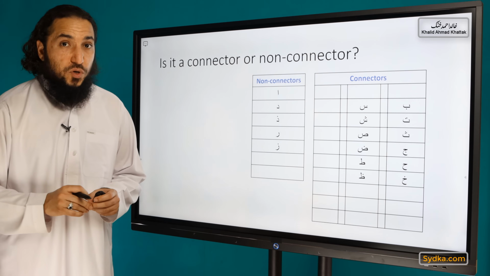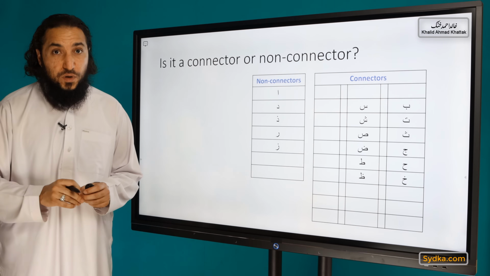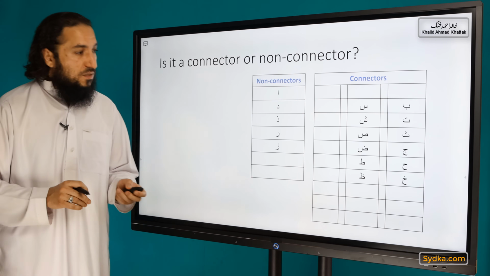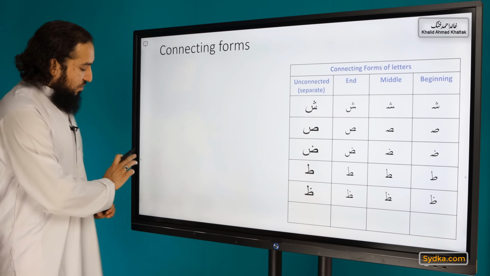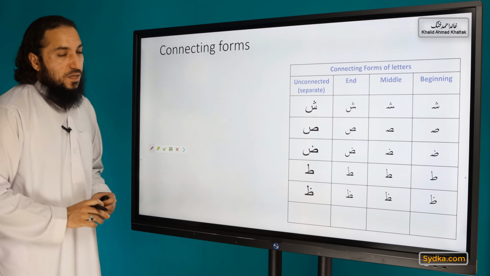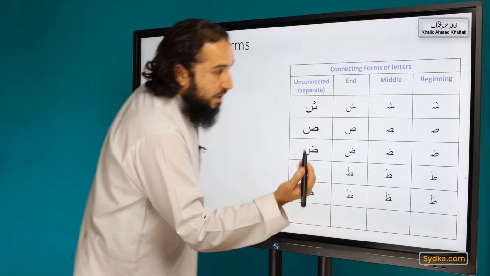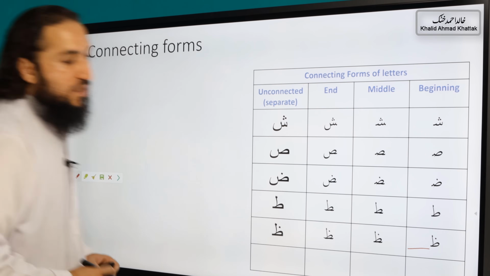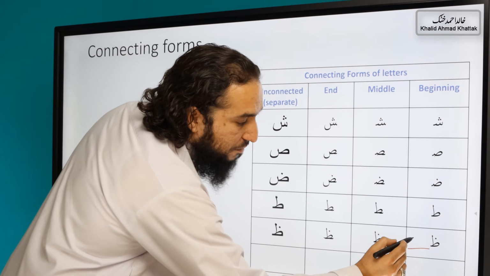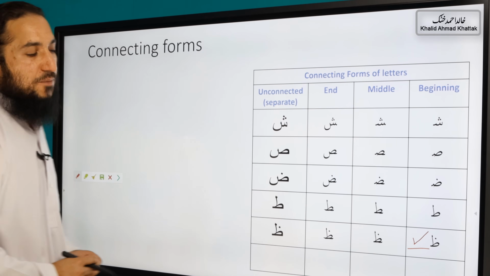Is it a connector or non-connector? It is one of the connectors because if you see its connecting forms, they fulfill the condition of a connector. The beginning form looks like this, and if it is written in the beginning, other letters can be connected with it.